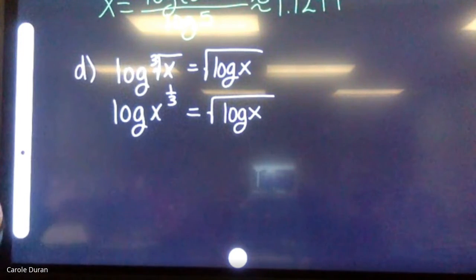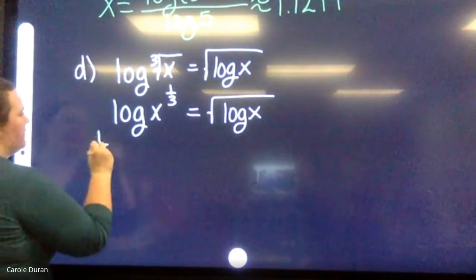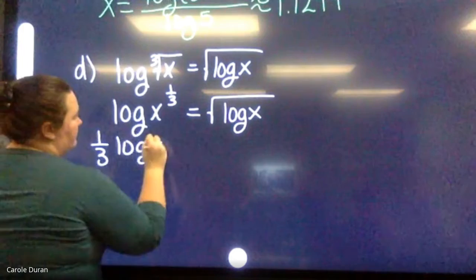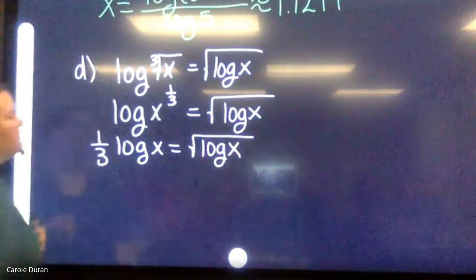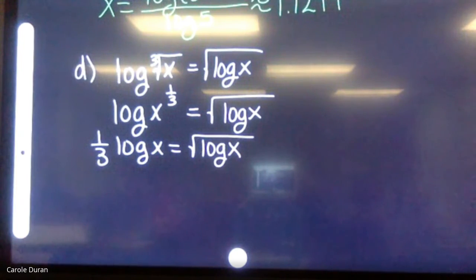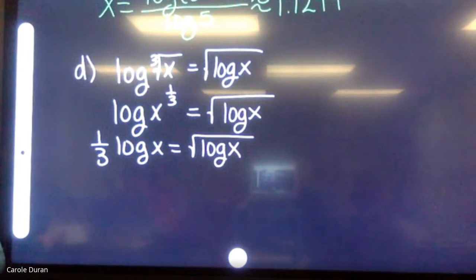What do I do once I have an exponent written on my logarithm? Move it out front, because that just makes it easier to work with. This is really as far as I can go, knowing that my right-hand side is still under the radical. If possible, I'd like to change that.